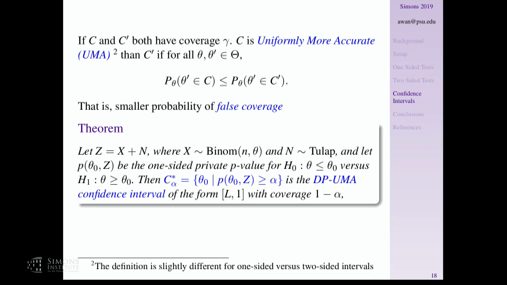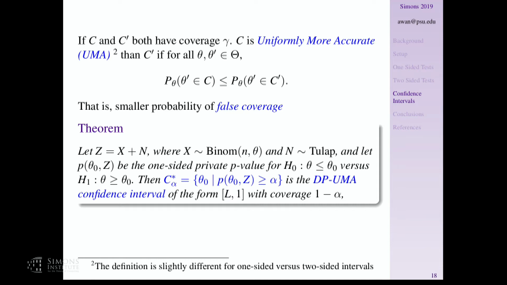Well, it'd be nice to have an optimality criterion. So we call these uniformly most accurate confidence intervals. So we choose a coverage, and we're going to hold that fixed. And then what does this concept mean? Under a true theta and a false theta 0, we want the probability that we're covering the false value to be smaller.